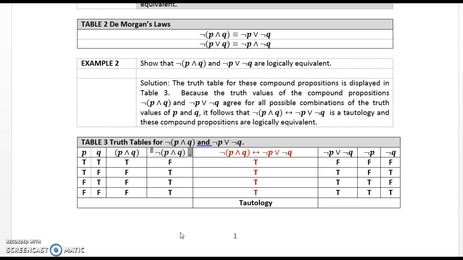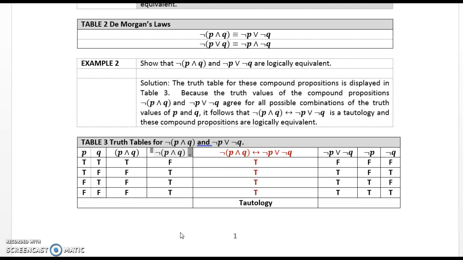We know that the complement of P and Q is equivalent to not P or not Q. And contrariwise, we know that the complement of P or Q is equivalent to not P and not Q.